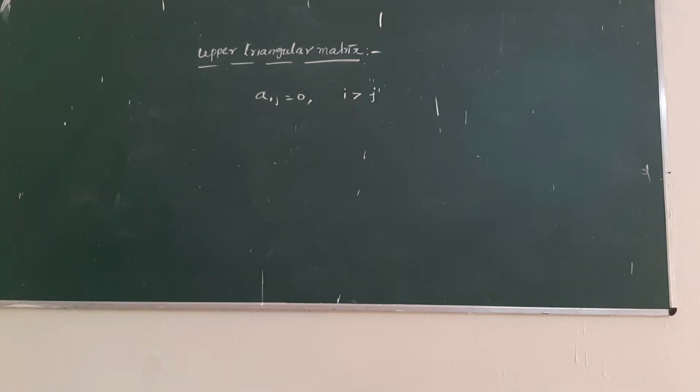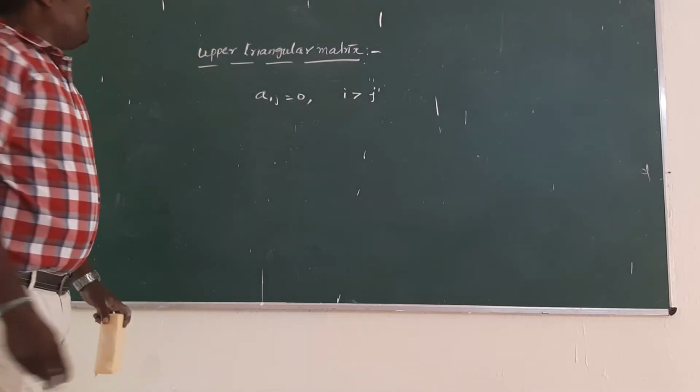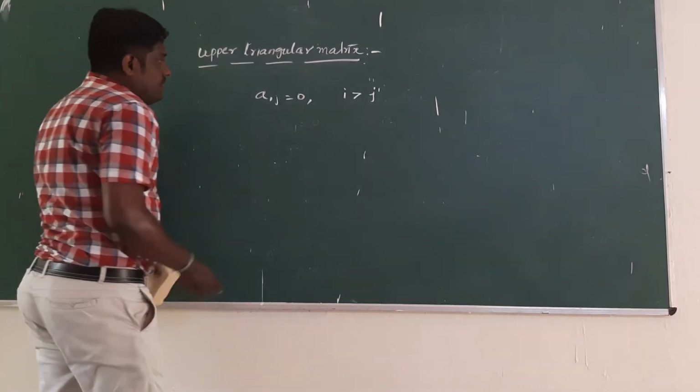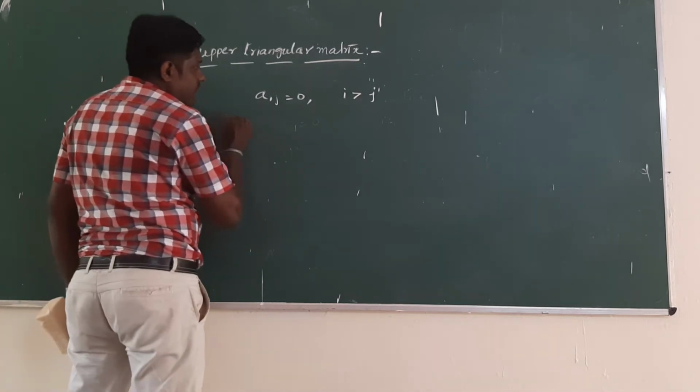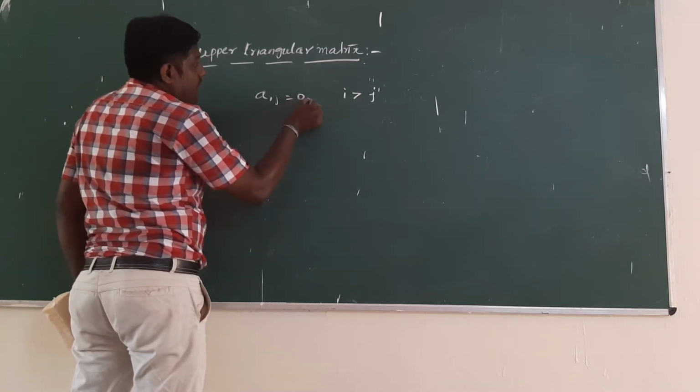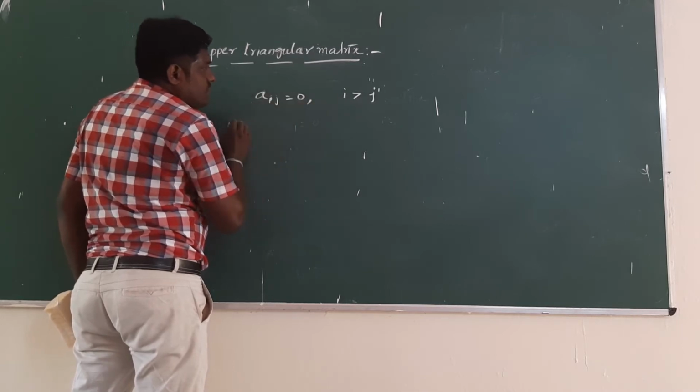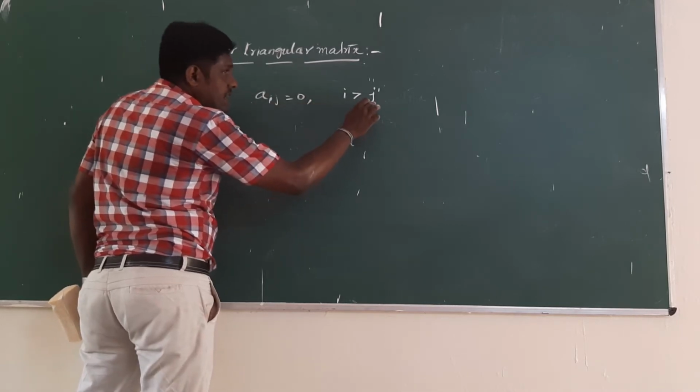That is the upper triangular matrix. In any square matrix, all elements a_ij are equal to 0 where i is greater than j.